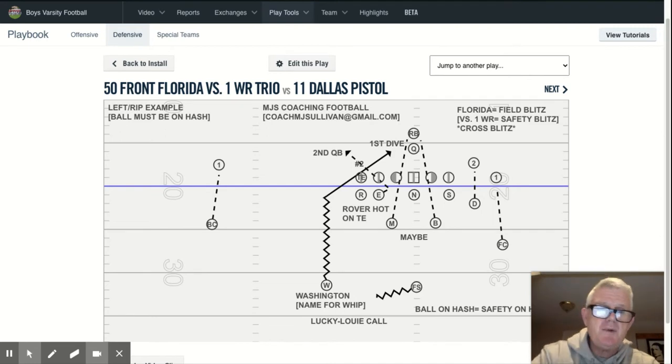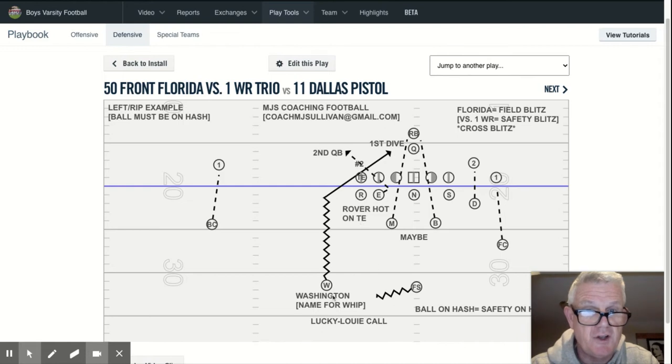So let me just talk about how this works. With one wide receiver, we are in what is called our trio. So you'd have to go to my Zone Blitz playlist. But the people available in coverage, remember that's what this is predicated on. You have one wide receiver, so how does that dictate who's available to blitz?